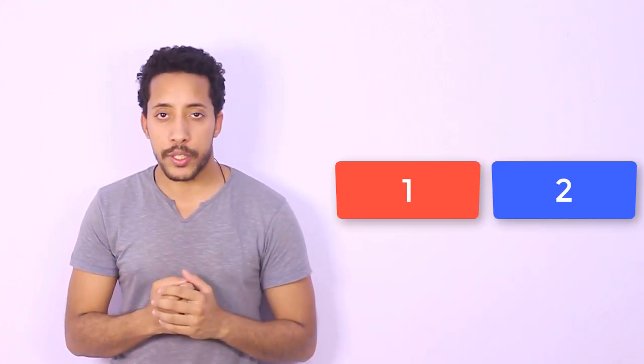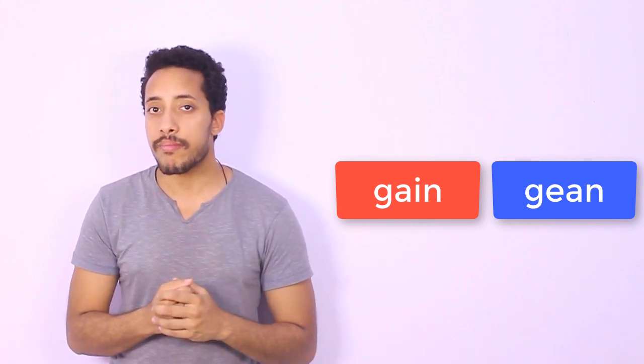Now listen to number 2, jean. Is it 1 or 2? Very good, it's jean, because after the G we have E, so it's jean. The other one, after it we have A, so it's going to be gain.